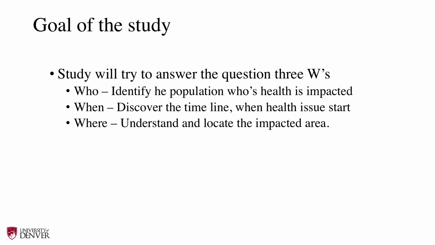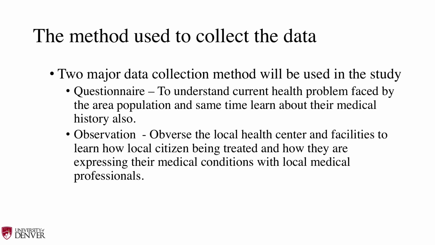And in the where question, we try to find out the geographic location around the chemical plant or some other area where exactly this problem is happening. So maybe we can say we try to find out the hotspot of this problem. Let's move on to the next slide.